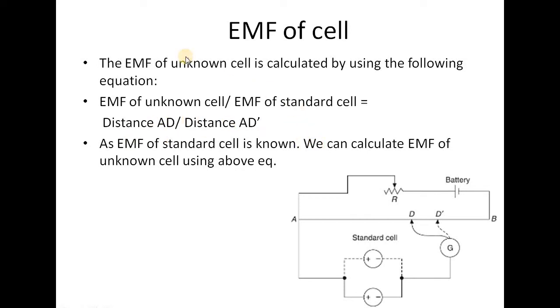From this equation we can find the EMF of the unknown cell, as the EMF of the standard cell is already known. So this is Poggendorff's method of determining the EMF of a cell using the potentiometric method.